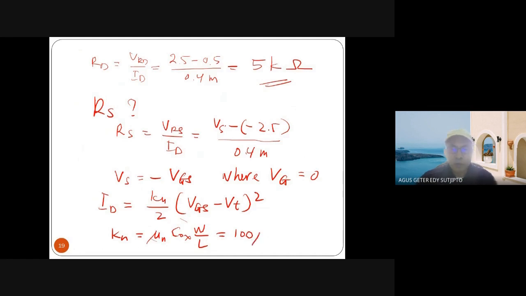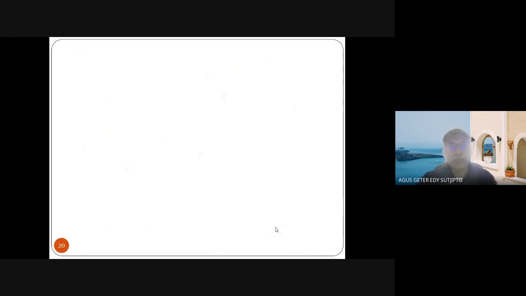We have Kn from the previous equation: Kn equals mu n Cox W over L, which is 100 micro, multiplied by W, which is 32 micro over 1 micro.